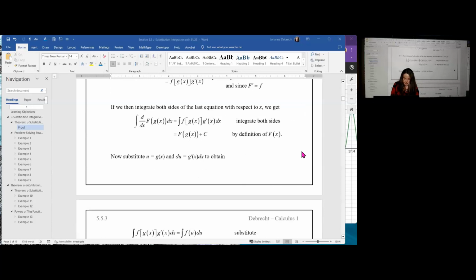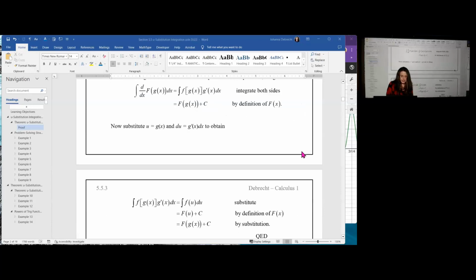Once we have this, we're going to go ahead and substitute u for g of x and du for g prime of x dx in this equation. This gives us lowercase f of u du, which we know we can integrate with respect to u. When we integrate with respect to u, we get the antiderivative function uppercase F of u plus the constant of integration.